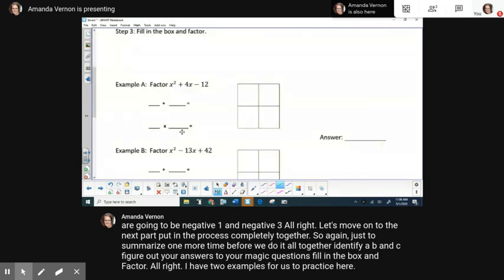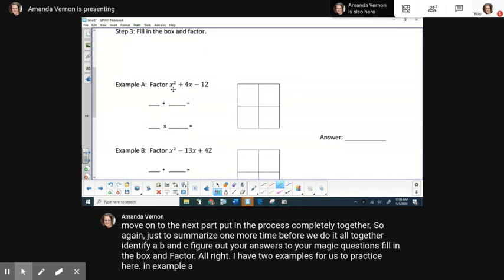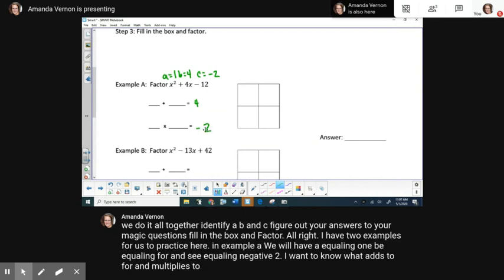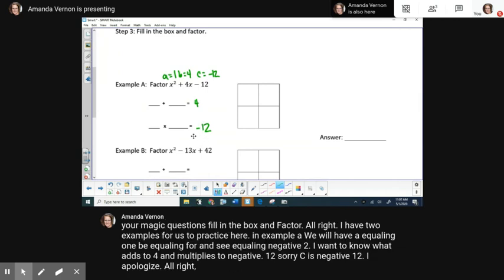In example A, we will have A equaling 1, B equaling 4, and C equaling -2. I want to know what adds to 4 and multiplies to -12. Sorry, C is -12. I apologize. All right, so I list my factors of 12.